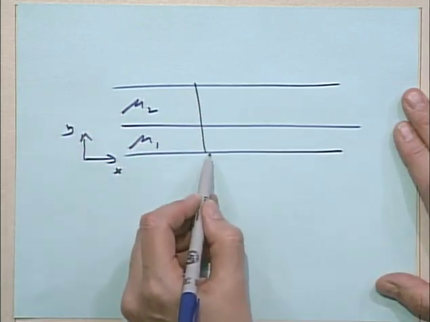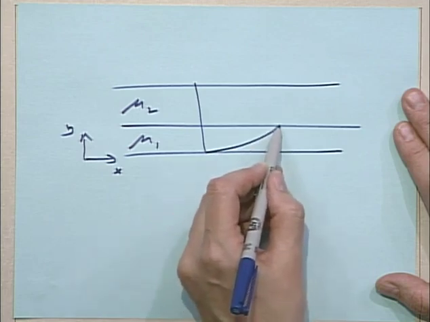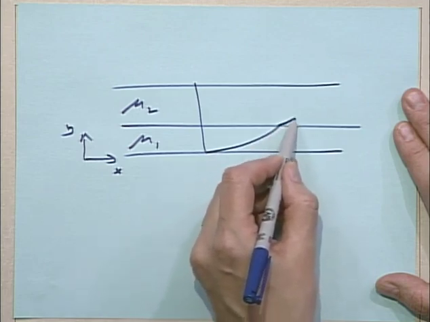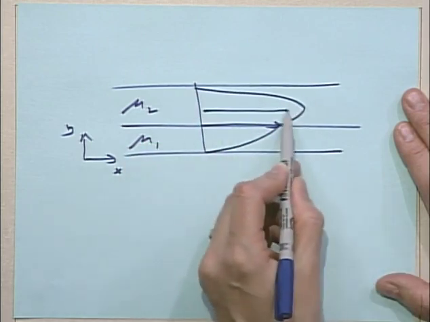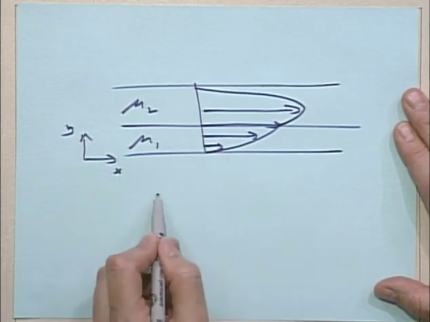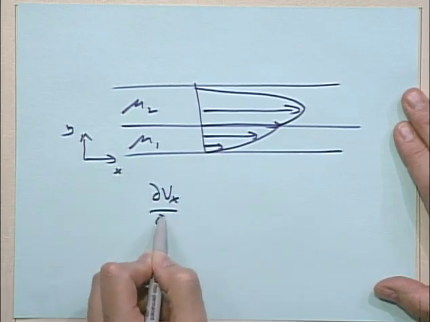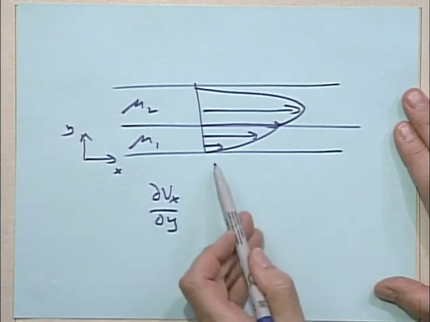So maybe the velocity field comes out something like this, and then maybe a little bit something like that, something crazy. Now, is dvx dy positive, negative, or 0? It's both.